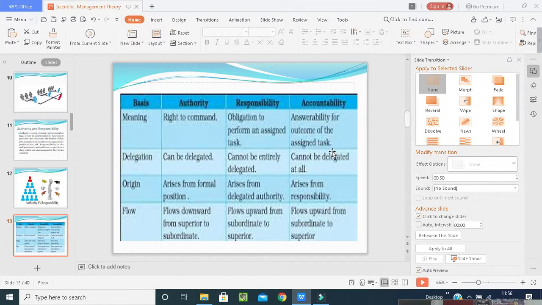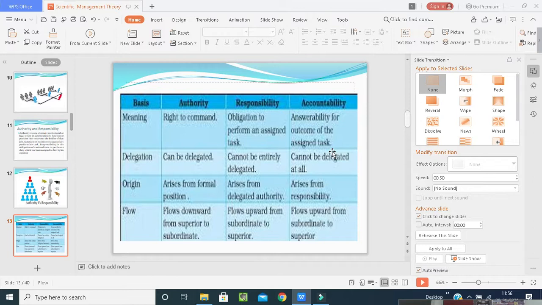Now coming to the origin. Authority arises from formal position, whereas responsibility arises from delegated authority. And accountability arises from responsibility. If a person is responsible for his work, then he is accountable for his work also. Responsibility is very, very important.